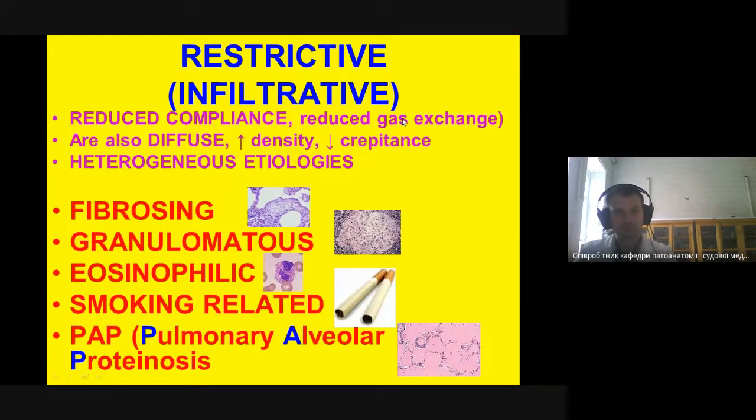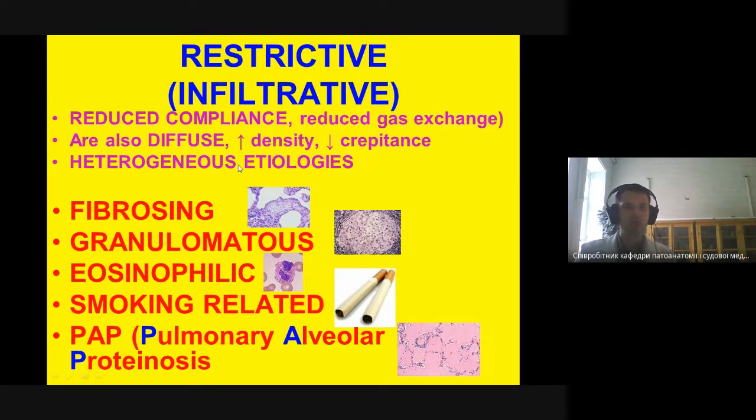Restrictive disorders. Reduced compliance, reduced gas exchange. Also diffuse with high density, with low crepitance, so with no sounds from alveoli. The normal sounds are decreased.